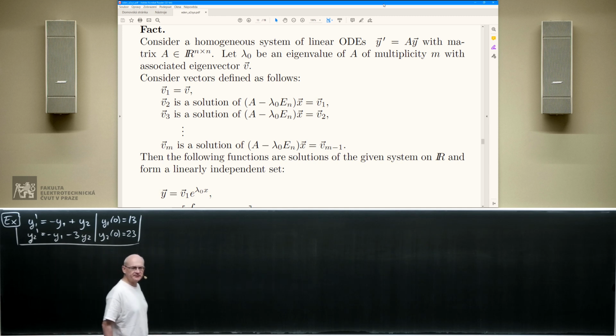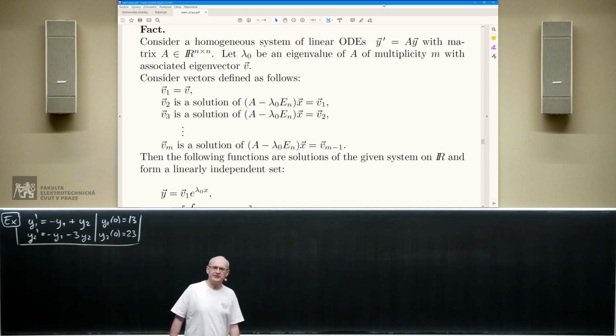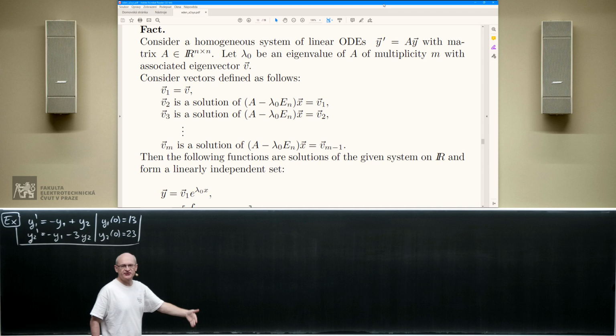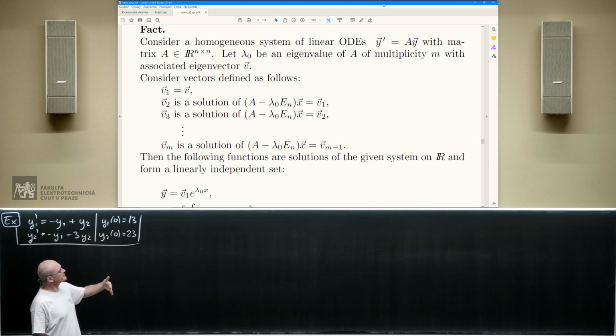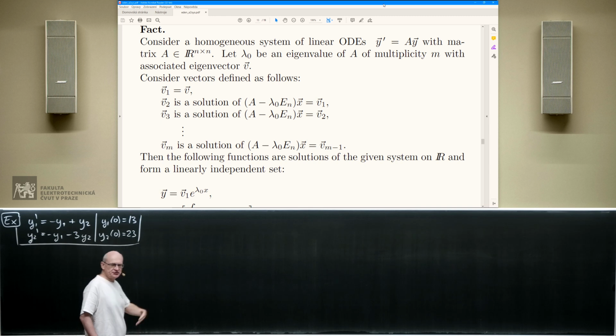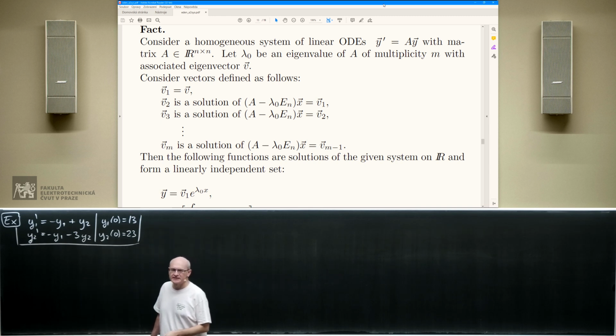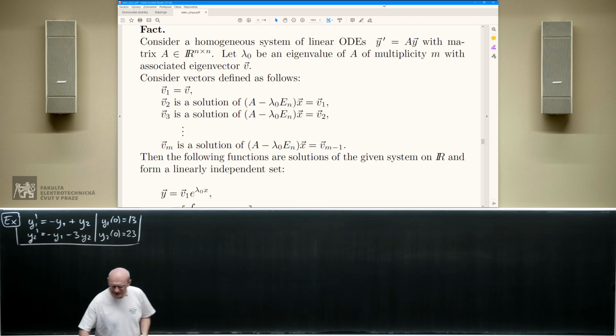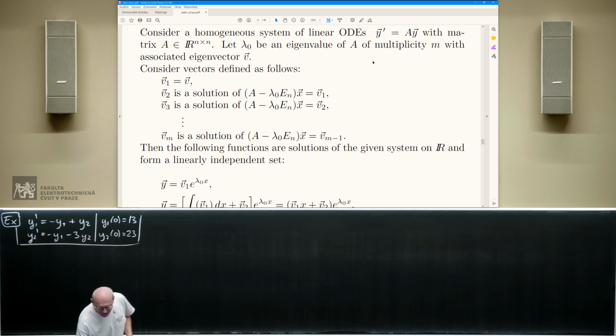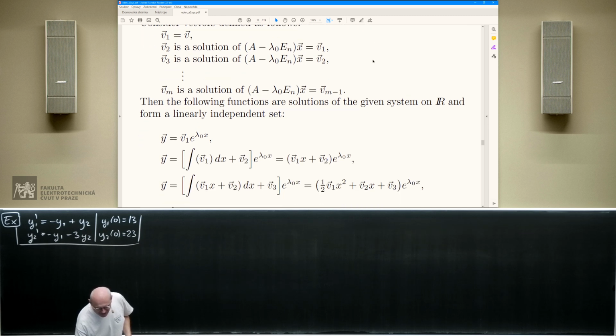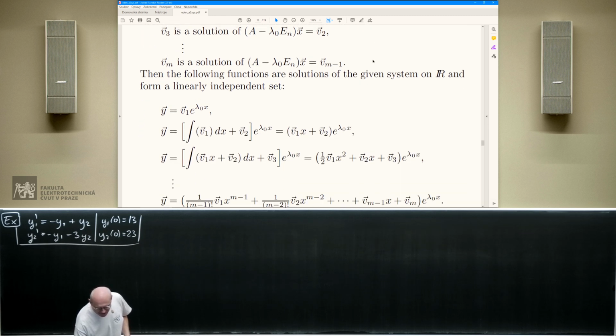So first, we borrow something from linear algebra. When we have eigenvalue of multiplicity m, then there are m so-called generalized eigenvectors. And we find them exactly the way they teach us in linear algebra. And after we find these generalized eigenvectors, we use them to form our solutions. And as you can see from the formulas, this is not exactly friendly.